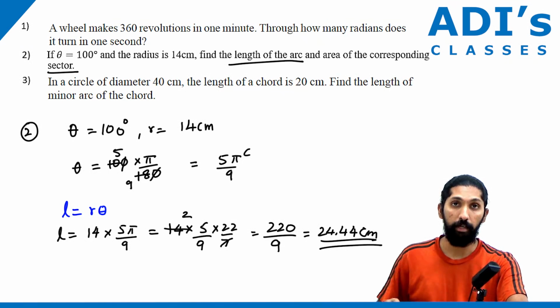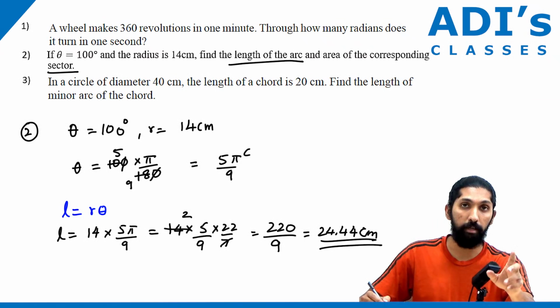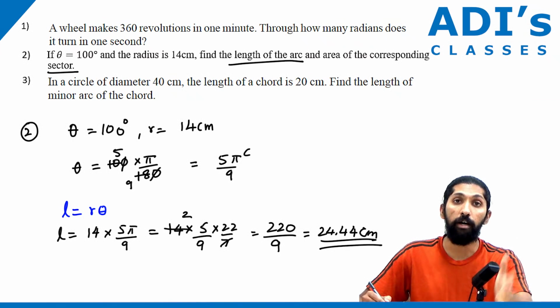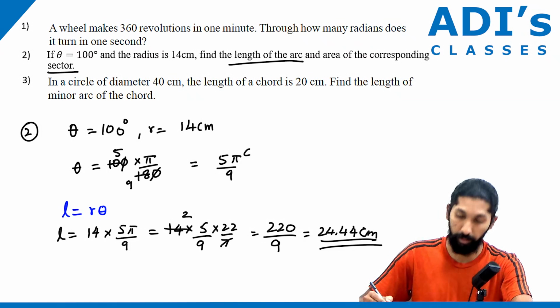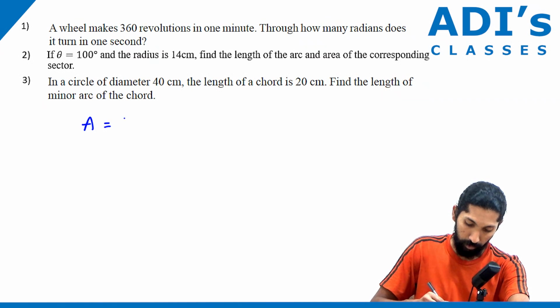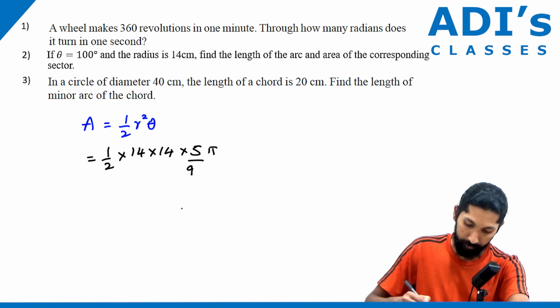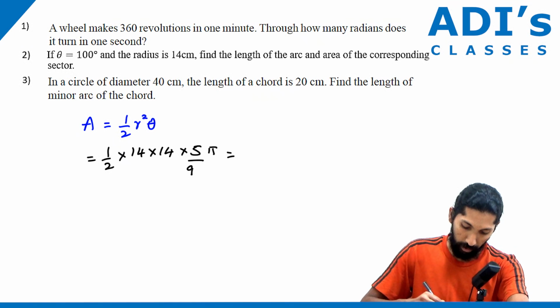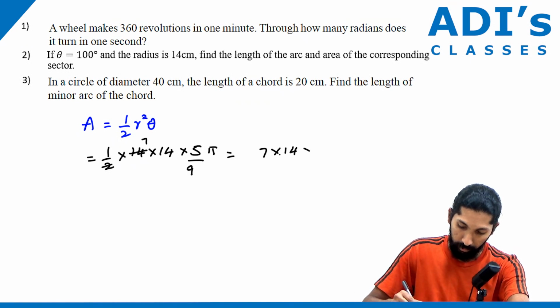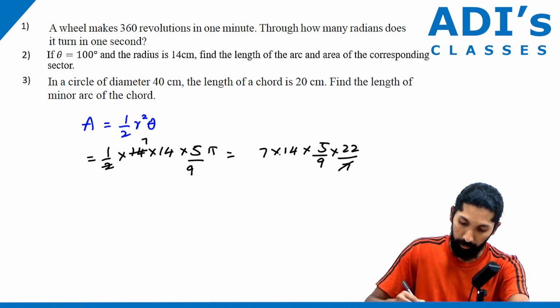Correct? Now what we'll do? Now we'll start with the second part, area of the sector. Half r square theta. Okay, we'll do that one. A is equal to half r square theta. So in this case, this is going to become half, 14 into 14 into 5 pi by 9. So you can have, this is 7 times 7 into 14 into 5 by 9 into 22 by 7. 7 and 7 cancel.